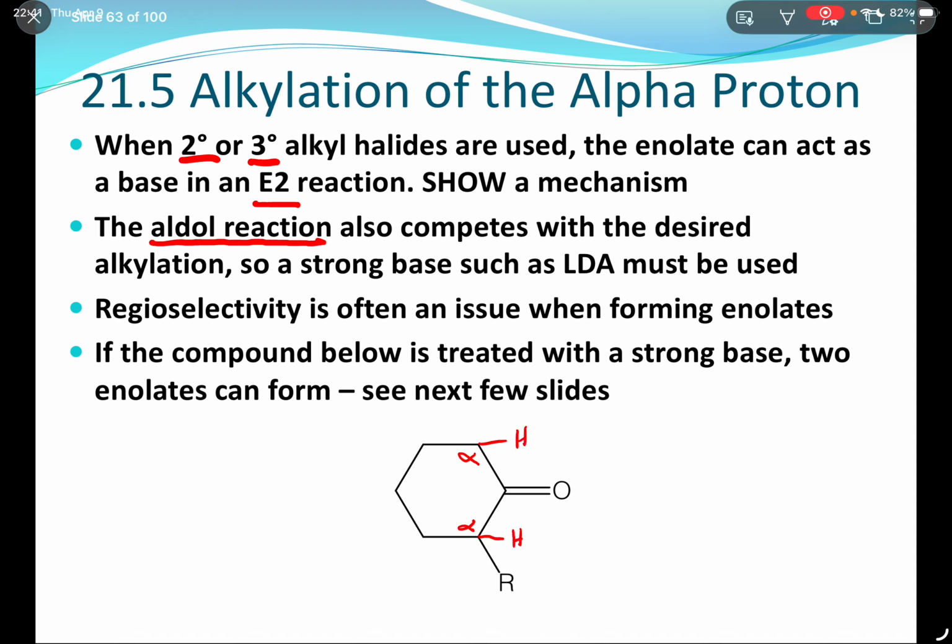The structure is not symmetric, and so we can call these our HA protons versus our HB proton, and we would be creating two different enolates depending upon whether we deprotonated one of the HAs or the HB. So the next few slides are going to discuss the regio consequences of deprotonating either one of these alpha carbons, and how we as designers of reactions can control which side of an asymmetrical ketone gets deprotonated.